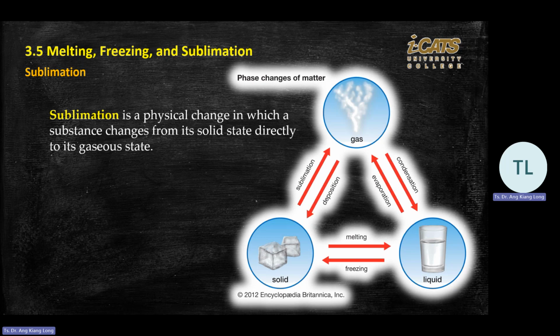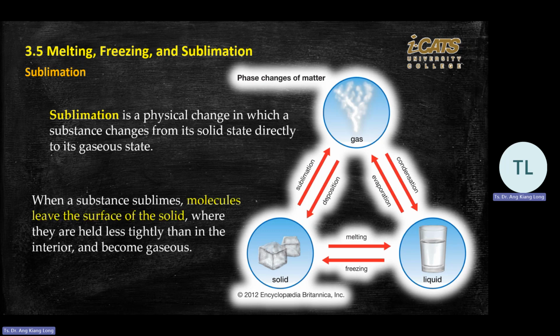Okay, so how do you explain sublimation? Sublimation is the change of state from solid directly to gas. You need to elaborate a little bit on the molecular dimension. What happens to the molecules at the surface?